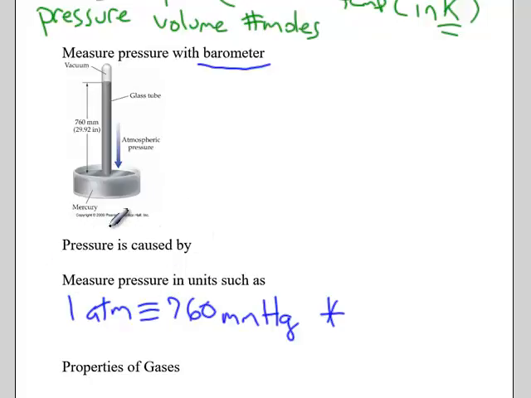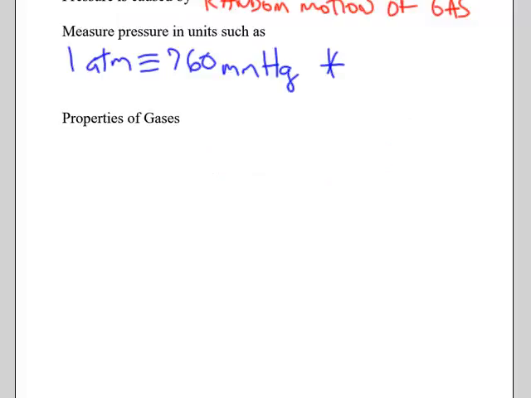What causes the pressure is the random motion of gas particles. And we can understand that random motion and the other properties of gases if we think about a balloon. A balloon is just a sample of gas that's been captured, and we know that a balloon can easily be compressed.